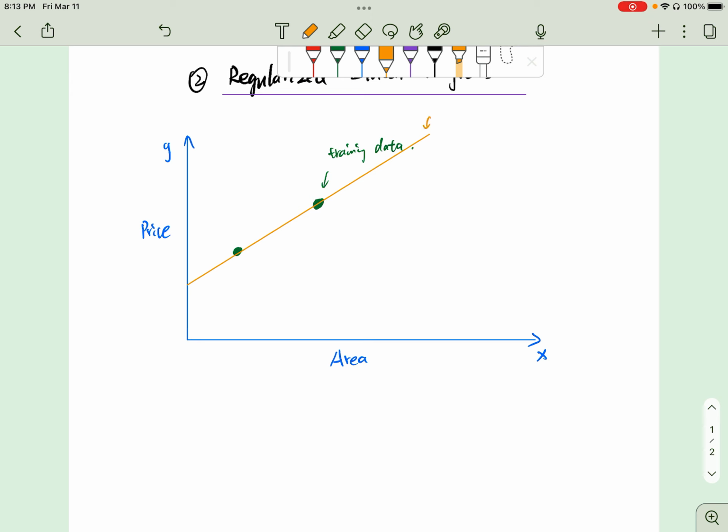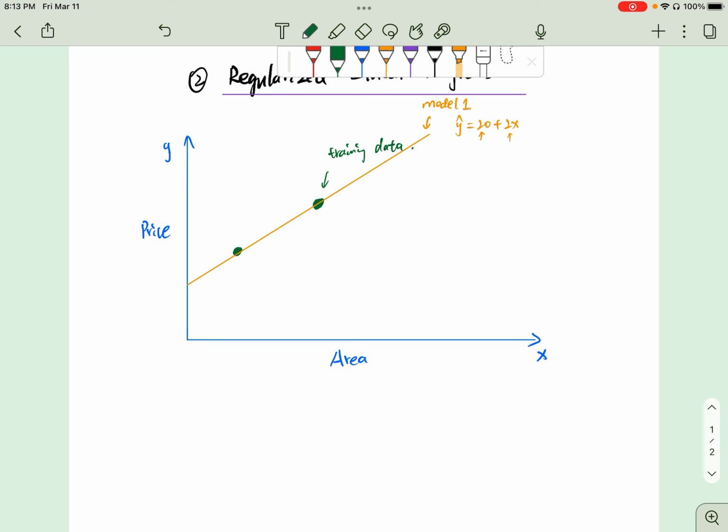I will name this straight line model 1. This is the model 1 you found. Maybe it's something like this: y hat, our prediction, equals 20 plus 2x. This is the slope, and this is the intercept, the bias term. And this is the training data.